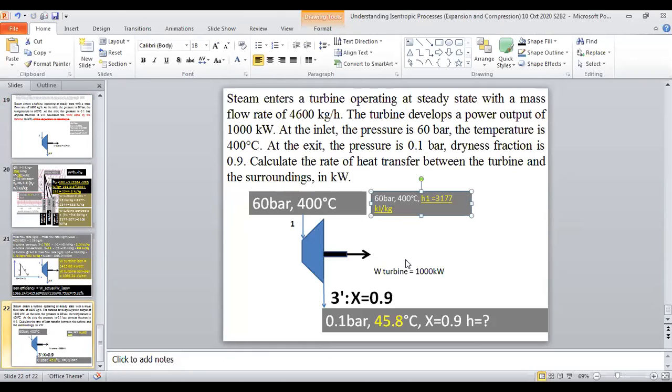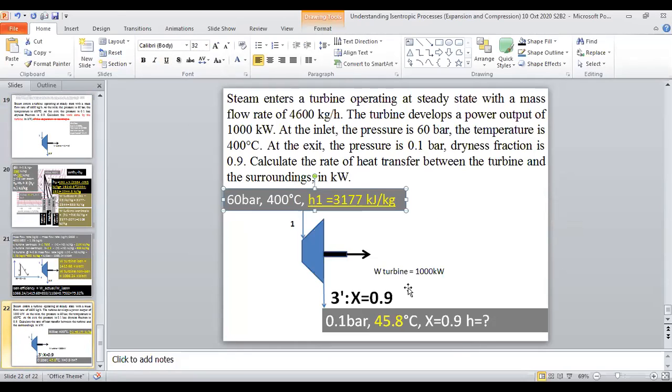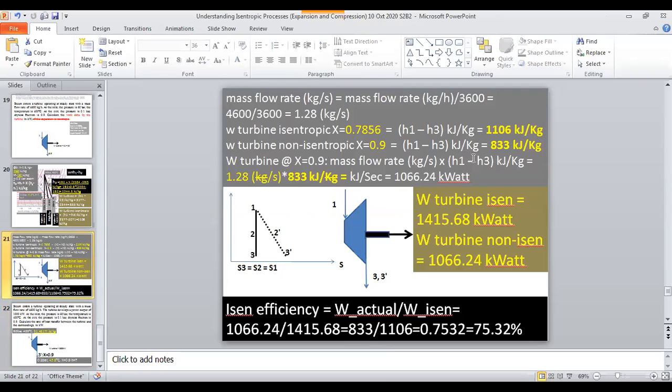Bar, 400 degrees C. How about the H value? H1 is interesting because, even at H3 dash, X equals 0.9, you have calculated H3.